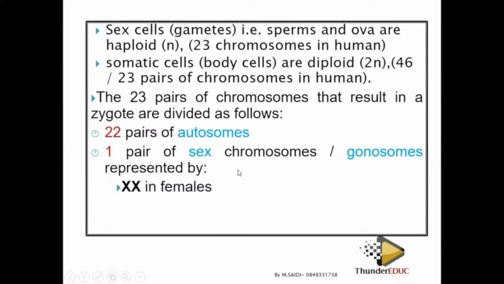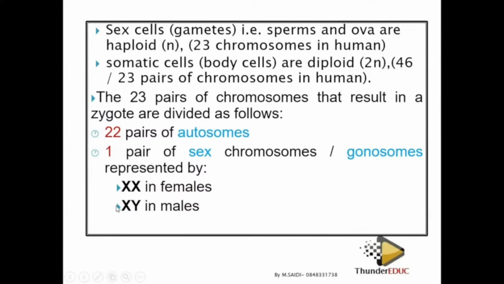This pair is divided into two. We have XX, which is female, and XY, which is male. Females always have XX, and males always have XY. There is a question that should be posed here: if females are XX and males are XY, is it the males who determine the sex?